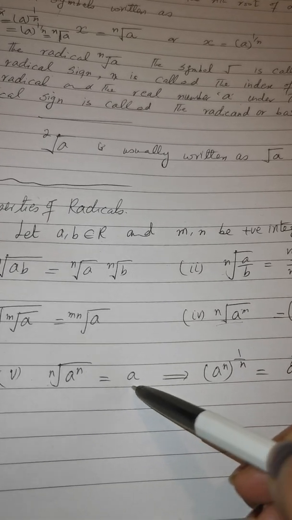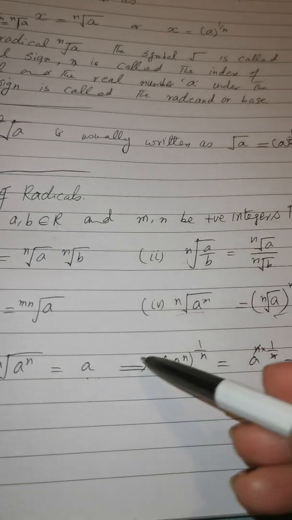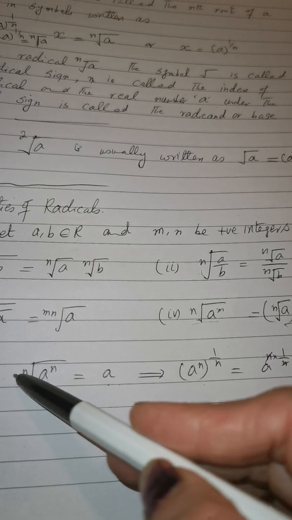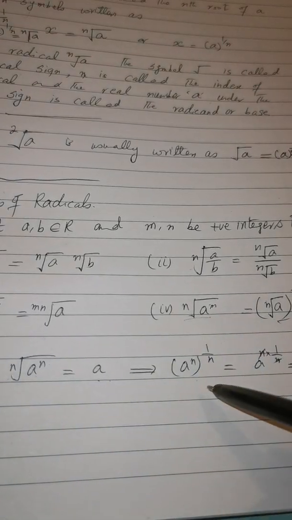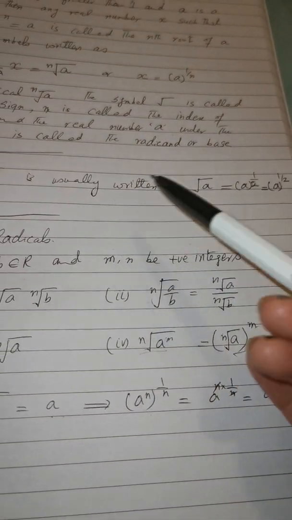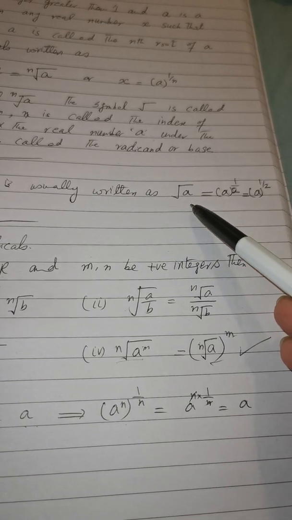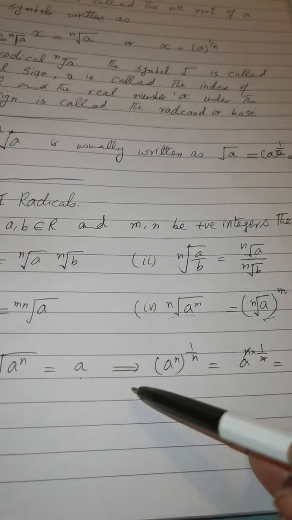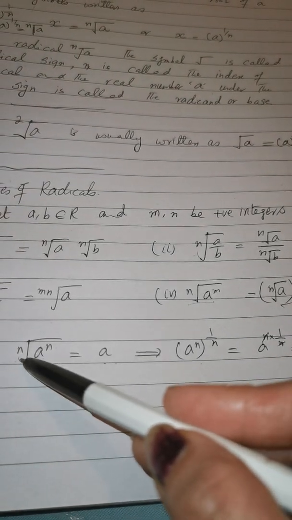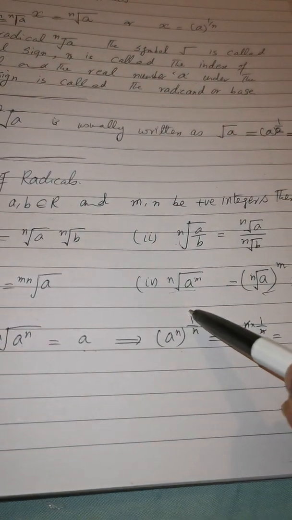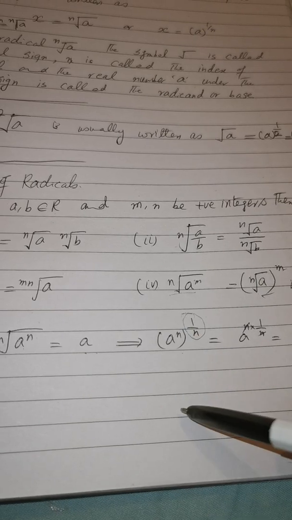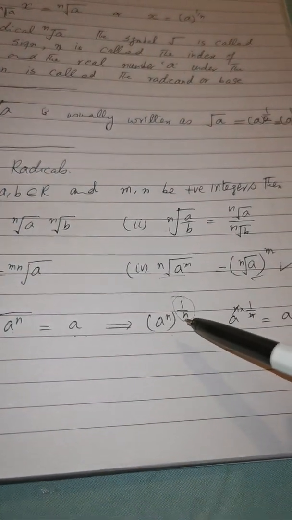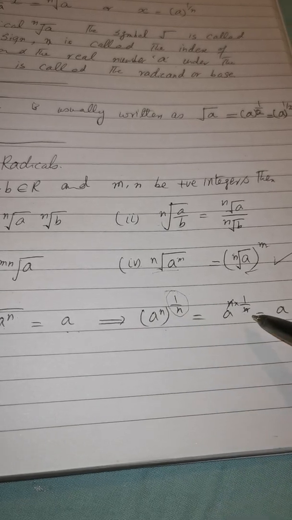And the next property is, if we have a^n under root n, then the answer is equal to a. How it is equal to a I have shown here, because its definition is power 1 by n. Under root a means the power is 1 by 2, so under root n means the power is 1 by n. I replace this by power 1 over n, and then powers multiply each other.